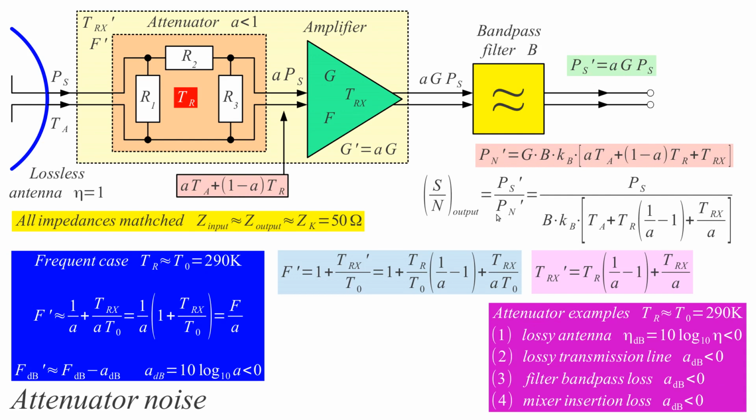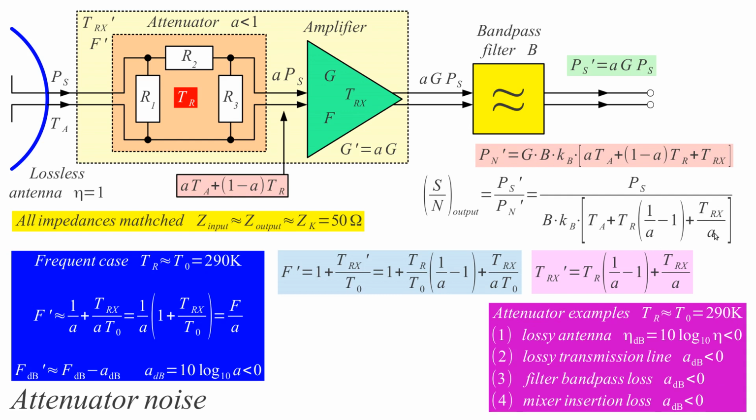Actually, what happens in this relationship? T Rx prime and F prime are the equivalent noise temperature and equivalent noise figure of the whole chain, the chain of the attenuator and amplifier. We see actually that the temperature of the receiver increases because A is less than 1.